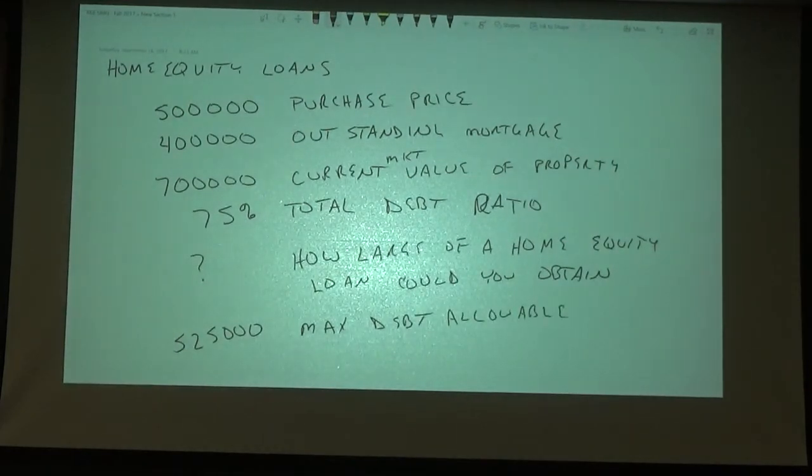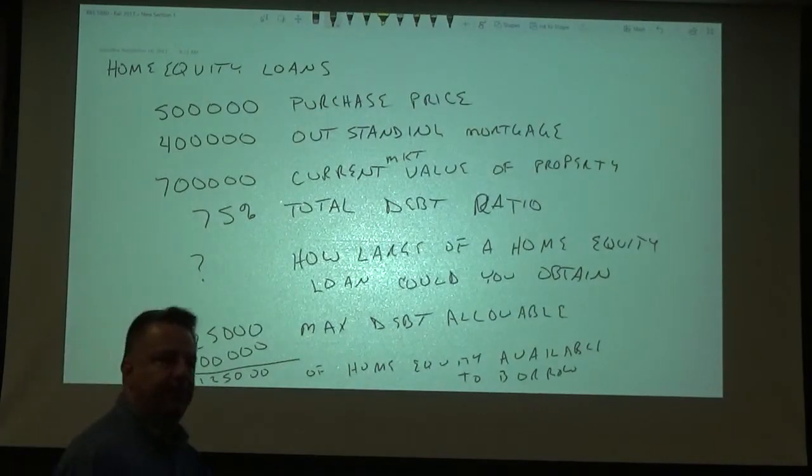Well, we already have 400,000 as an outstanding mortgage. So in essence, what that means is we have $125,000 of home equity available to borrow. Does that make sense? Okay, any questions about that?